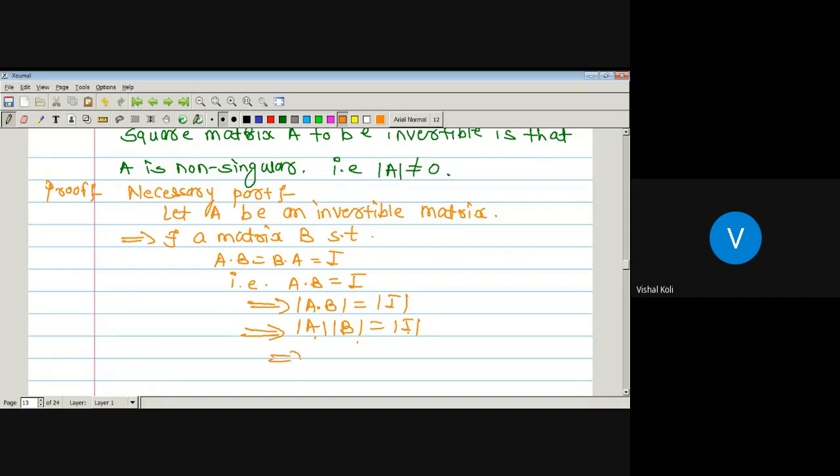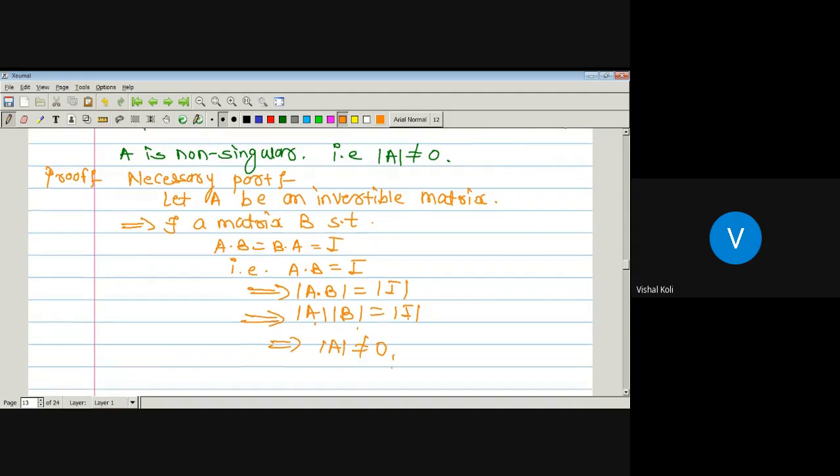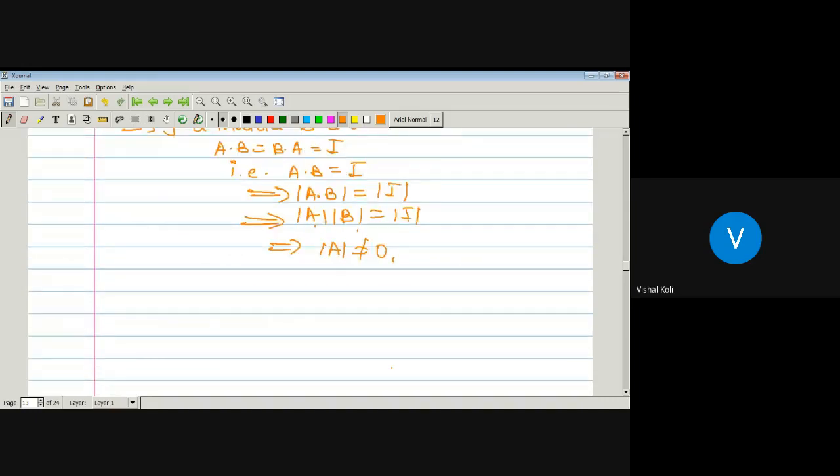Which implies determinant of A is not equal to 0, and that is what we had to prove. So the necessary part is proved. If we have an invertible matrix, then its determinant must be not equal to 0, and if it is not equal to 0, then we say that A is a non-singular matrix.